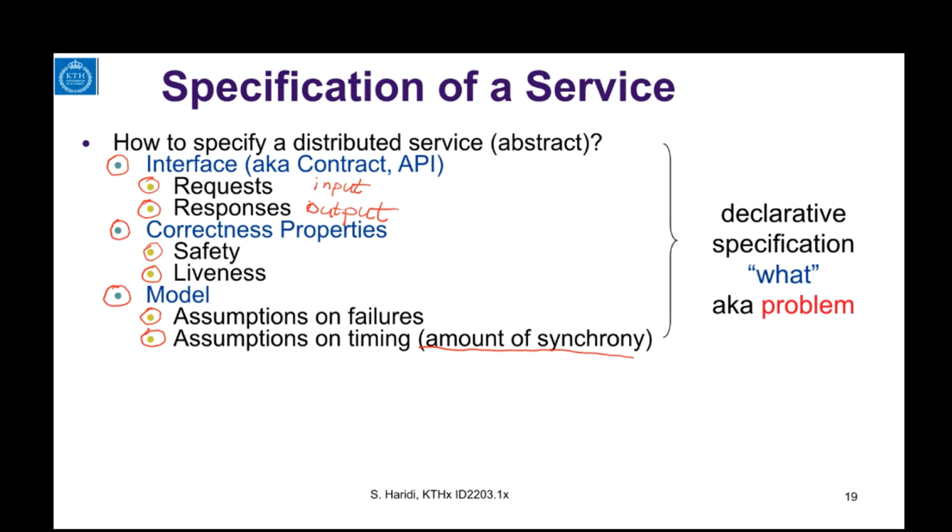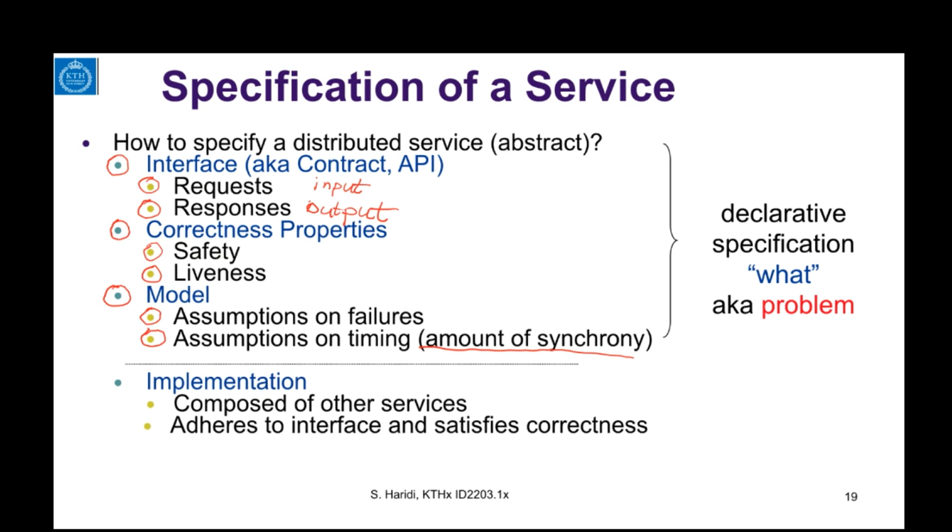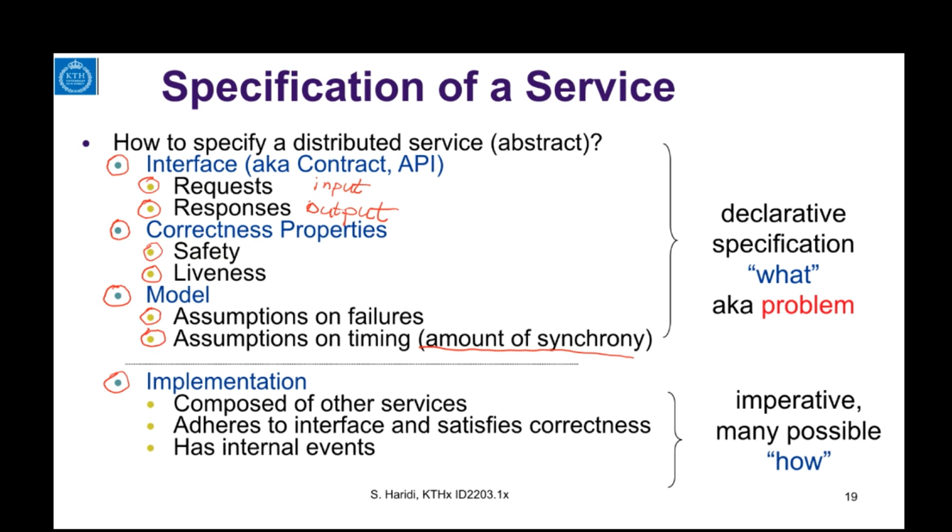So what we have just said is what we call the declarative specification of a service. The what part of a service, or what we can say a problem. A service and a problem are synonyms here in our case. Now we turn to how to implement a service. An implementation will be done by saying how we do it, and that is the how part, the procedural or the imperative part.